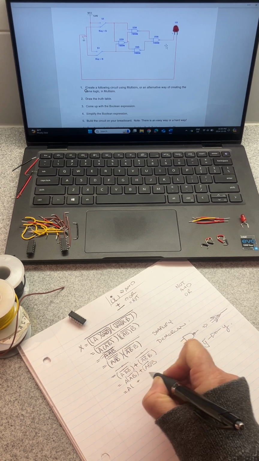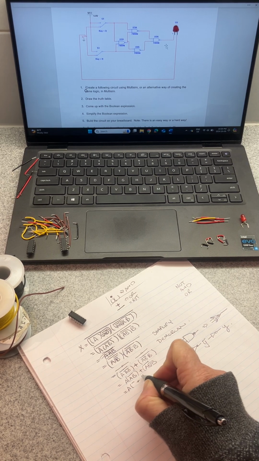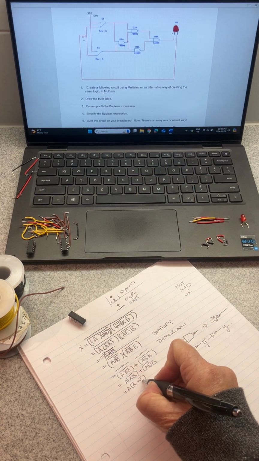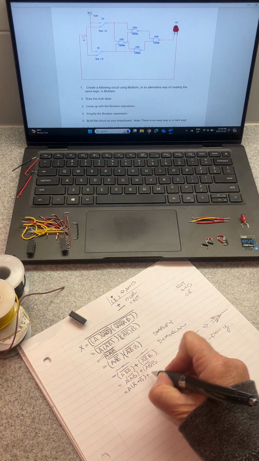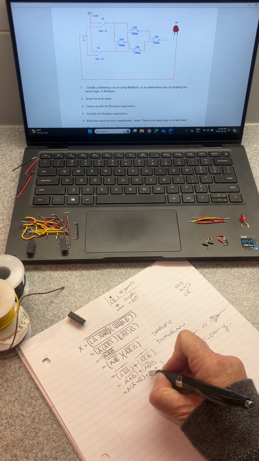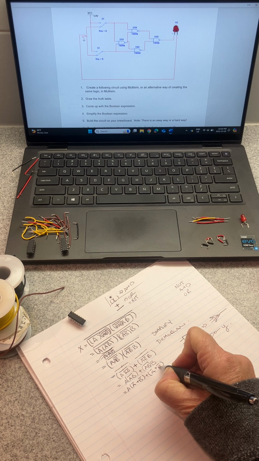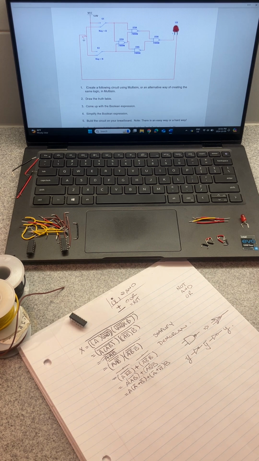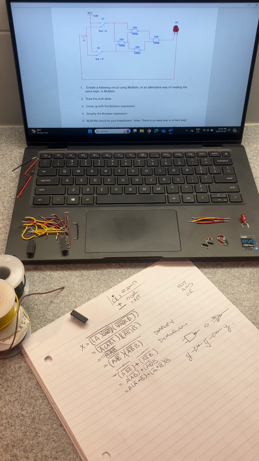Perform De Morgan's, change the sign, break up that bar, same 2 inputs. Change the sign, break up the bar, same 2 inputs. And then B went along for the ride. All right, good. That's fun.